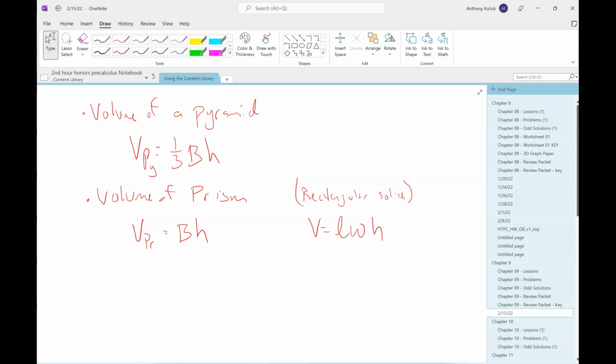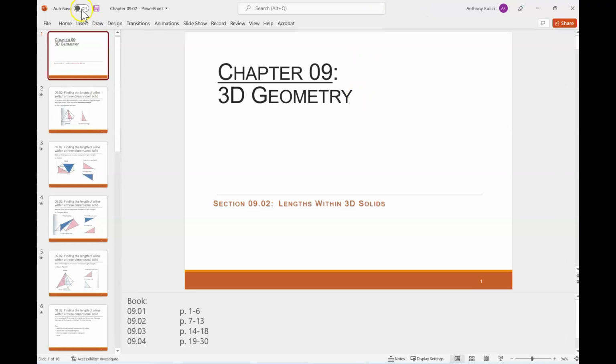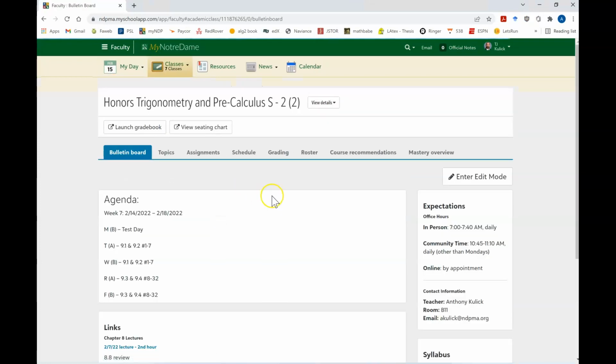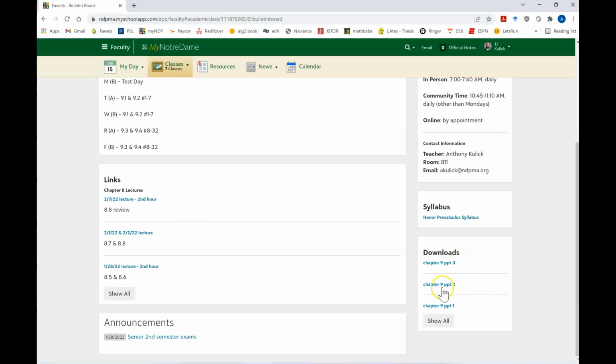The rest of what we're going to talk about today, I'm going to just do with the PowerPoint because it's going to involve drawing and shading and things that are beyond my skills as an artist. Just as an aside, I've put all of these PowerPoints on our My Notre Dame page. If you look at the downloads box over here, we're going to have 3 more PowerPoints for this chapter, and those are all in the download section if you want them.